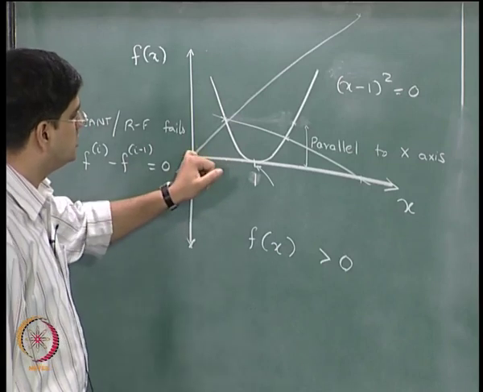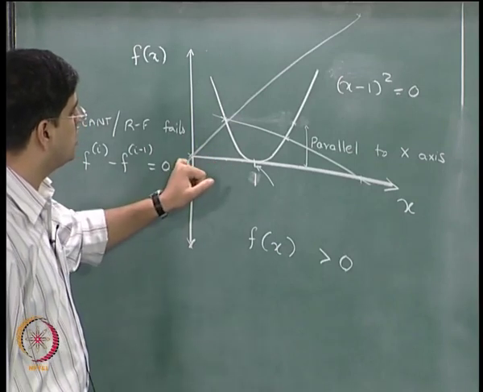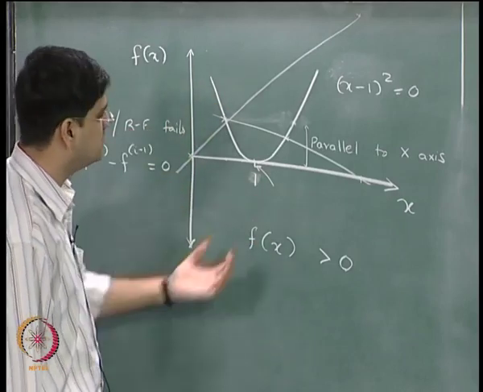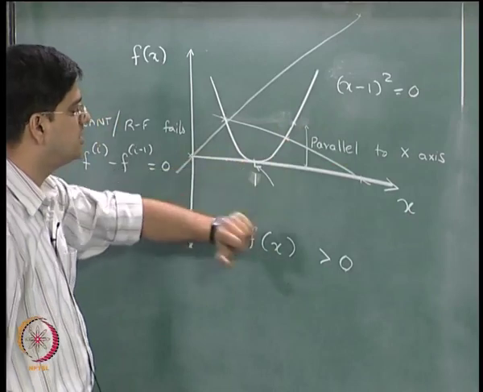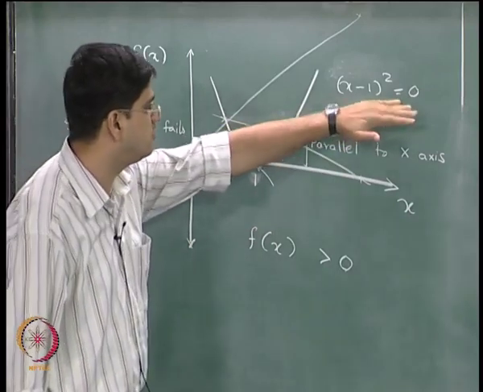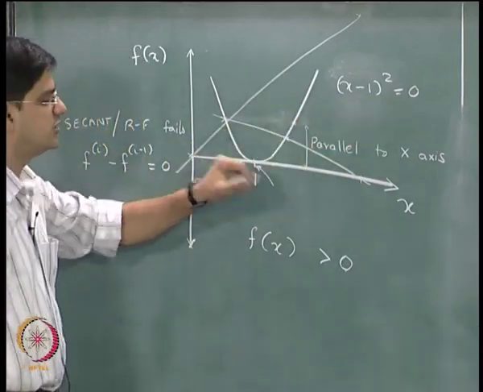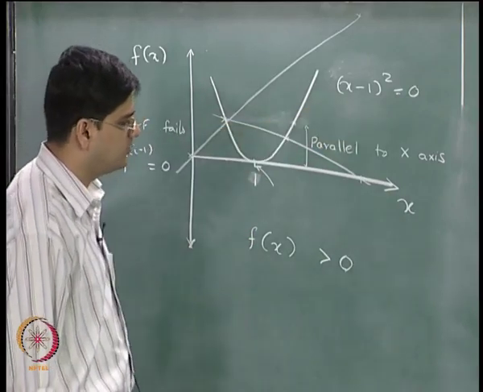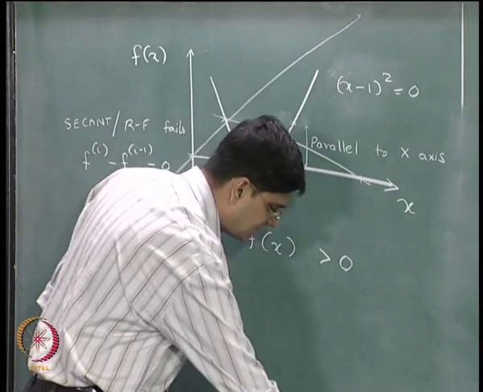So this is what we'll end up getting using a secant method. The secant method will still be able to be employed for a problem of this sort. However, the regular false position method we will not be in a position to employ in an example like this.